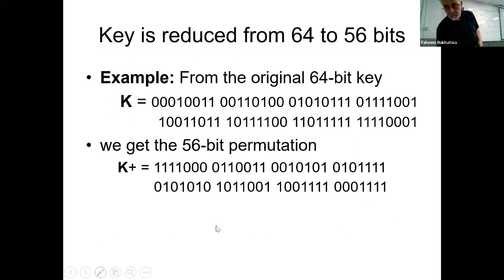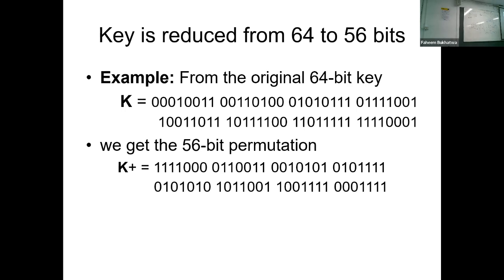It's not too important for us now, but if somebody was actually writing code for it and wanted to check, that's the key you start with in binary if you want to print it out. And then we got rid of bit number 8. That bit is gone.